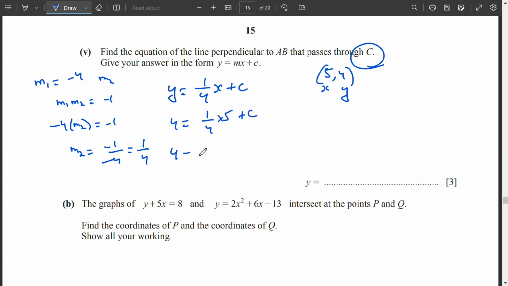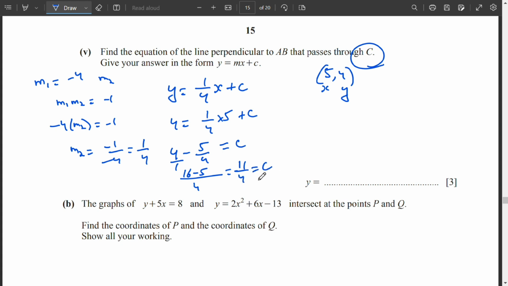So 4 minus 5 by 4, because this is positive, you take it to that side, that will become negative, which is equal to c. You take the LCM as 4, this is 1, this goes 4 times. So 4 fours are 16 minus 5, which is 11 by 4. 11 by 4 is equal to c.